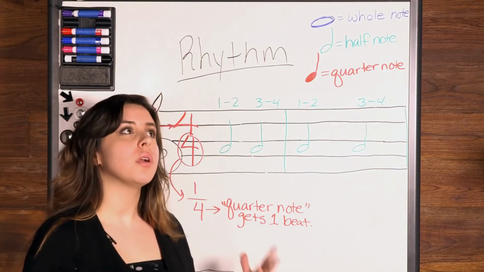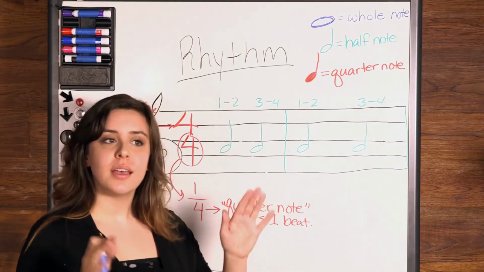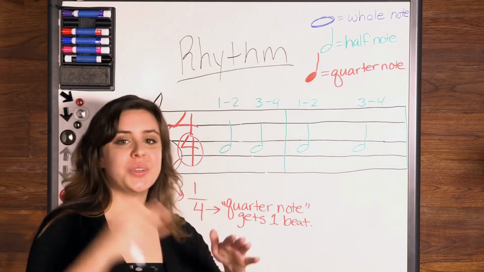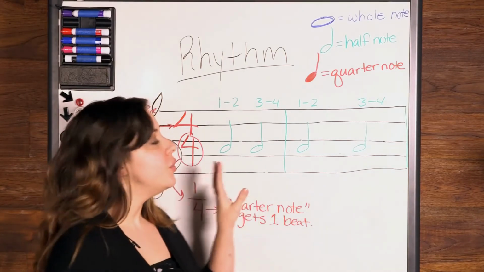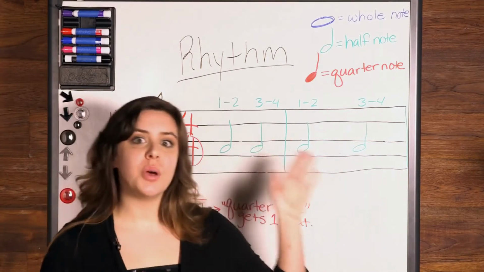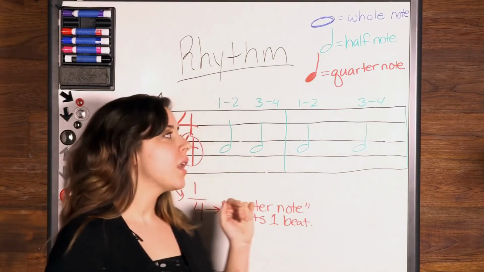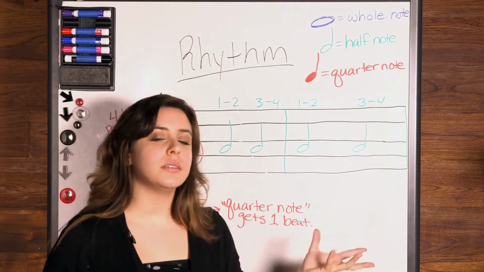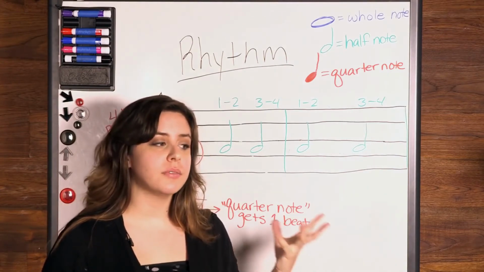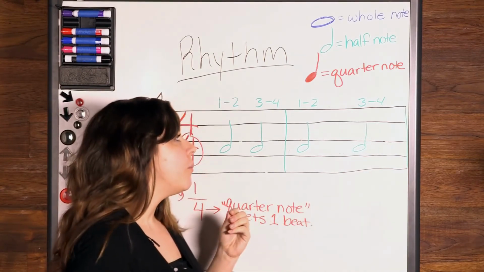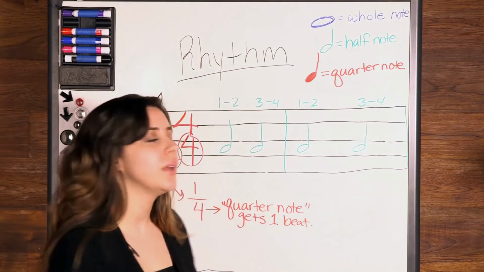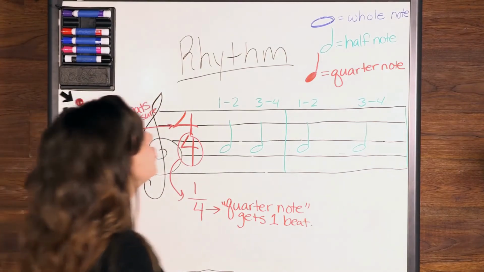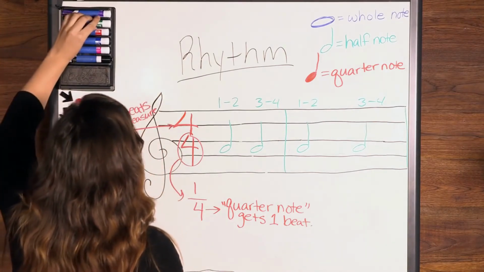There are more rhythmic options, obviously, just as you can keep cutting a pie smaller and smaller and smaller, you can keep cutting notes smaller and smaller and smaller. However, it'll get a little confusing to count them out for you today. So I'm going to stick to the most basic ones that you're going to see should you decide to read music.